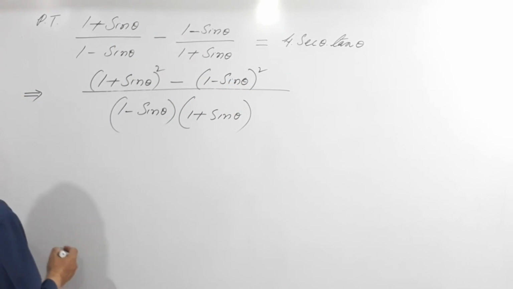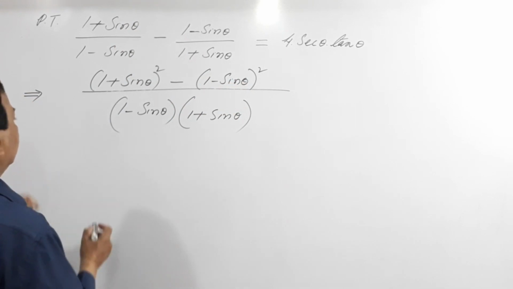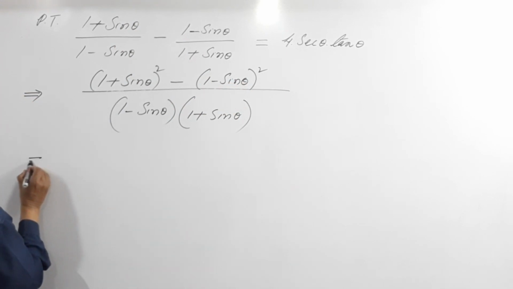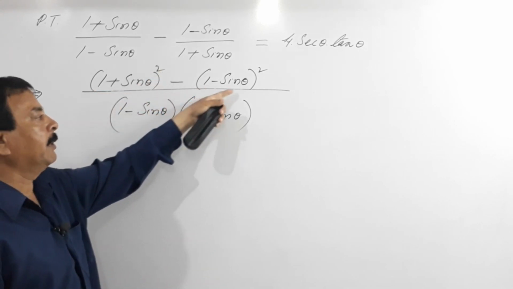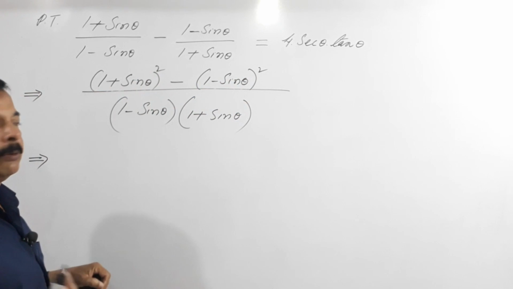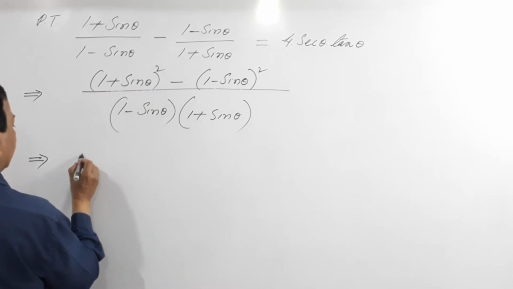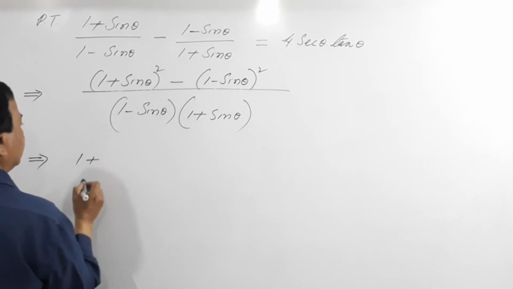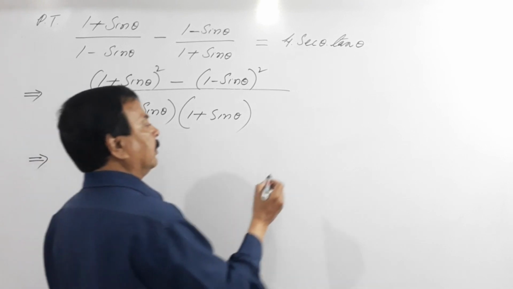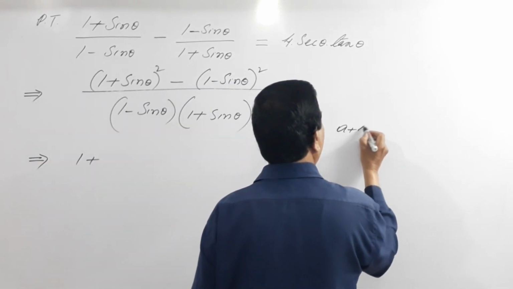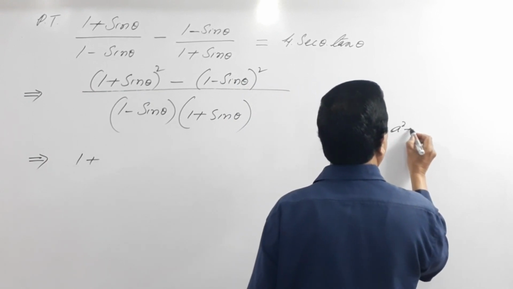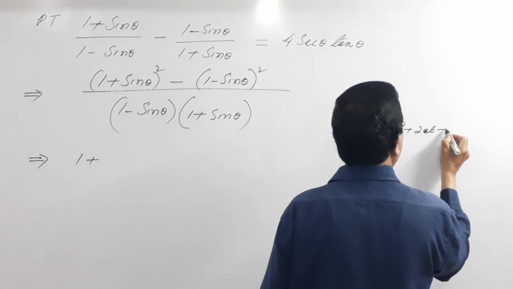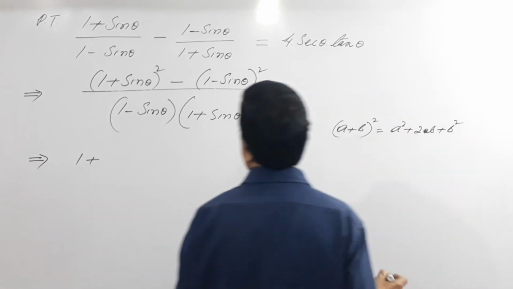So what has happened? So what is the next step? (a plus b) the whole square minus (a minus b) the whole square. Simplify this and the problem is done. (a plus b) the whole square equals a square plus 2ab plus b square.